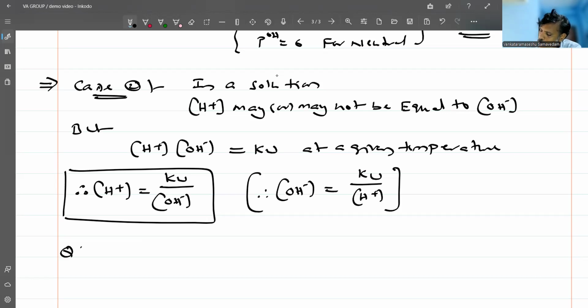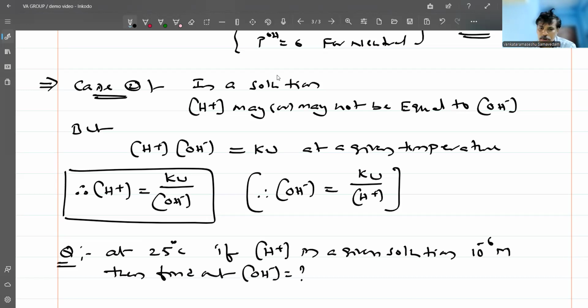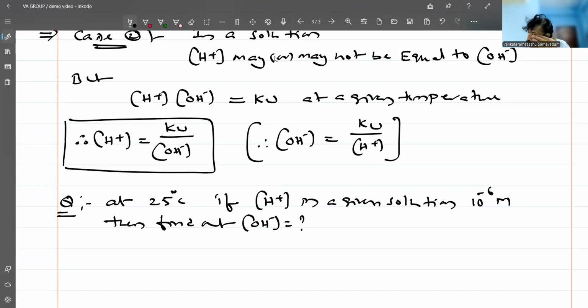So if I take a question at 25 degrees centigrade, if H plus ions concentration in a given solution, it may be acidic or basic, I don't know, is 10 to the power of minus 6 molar, then find out OH minus ions concentration, if anybody asks it like this.